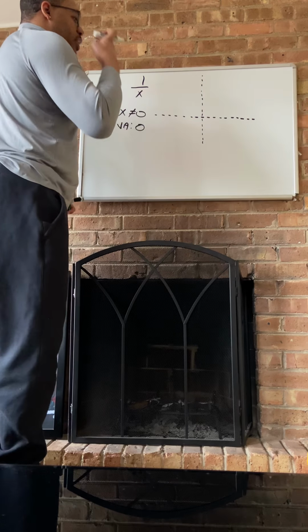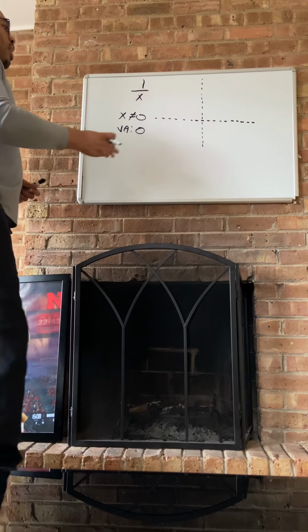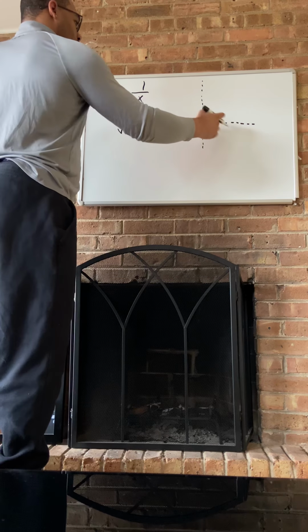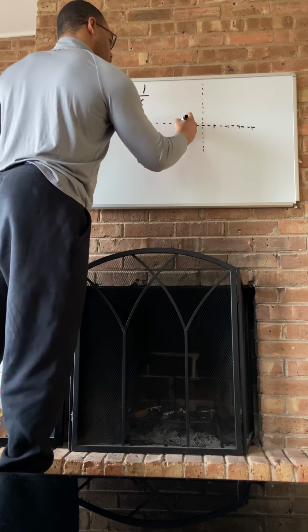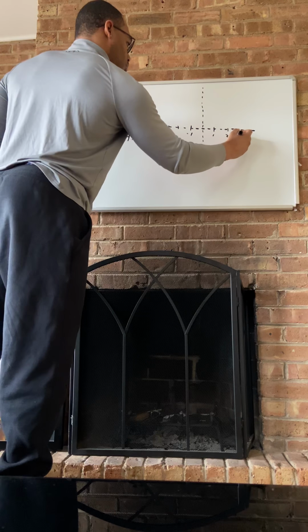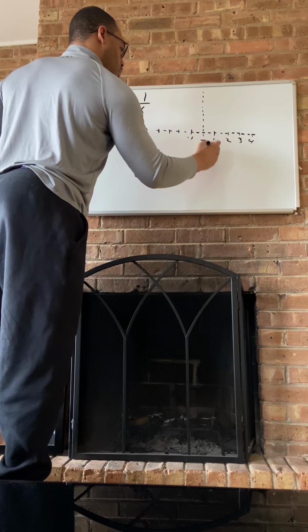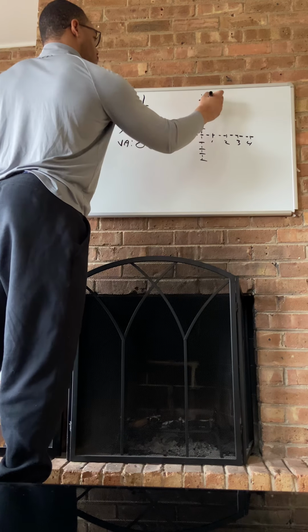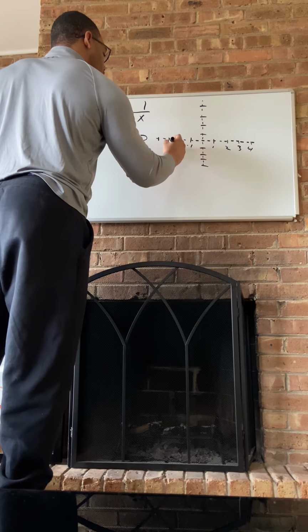So the last thing that we do is graph out our rational functions to be able to figure out the rest of our graph. Take numbers to the left and right. And then plug them in and figure out where our graph is at.